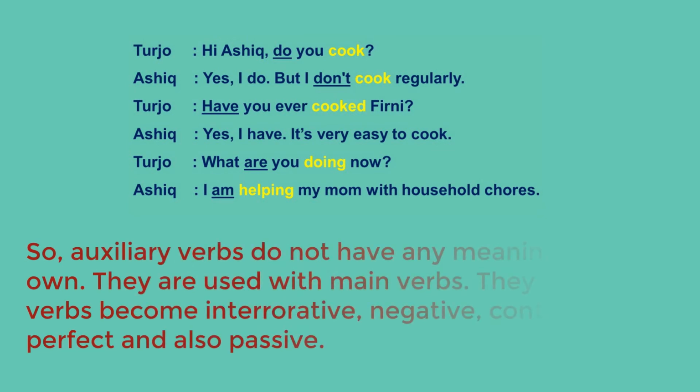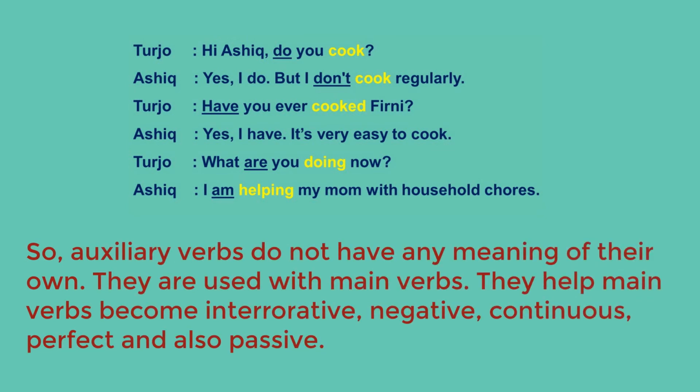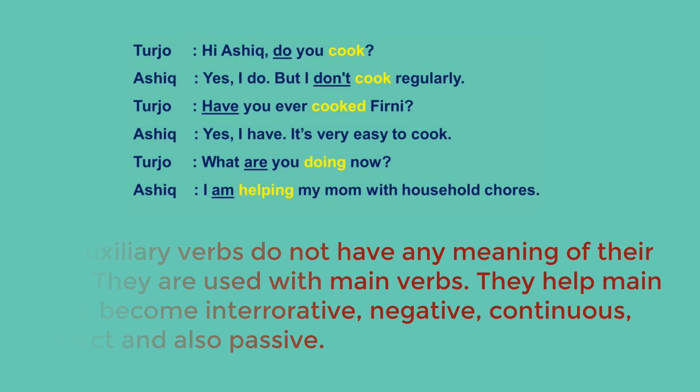So, auxiliary verbs do not have any meaning of their own. They are used with main verbs. They help main verbs become interrogative, negative, continuous, perfect, and also passive.